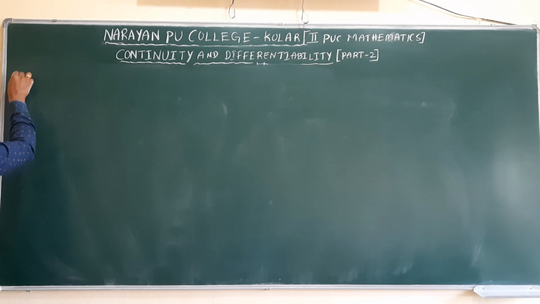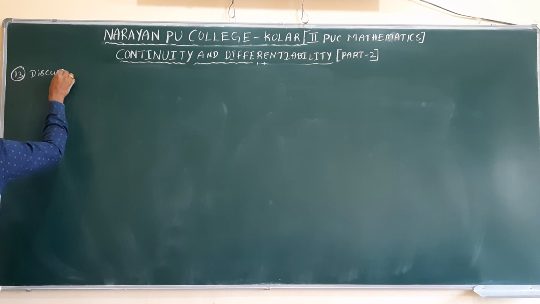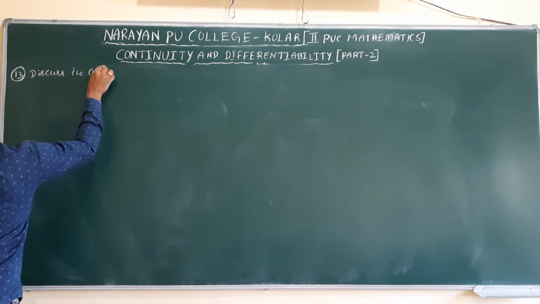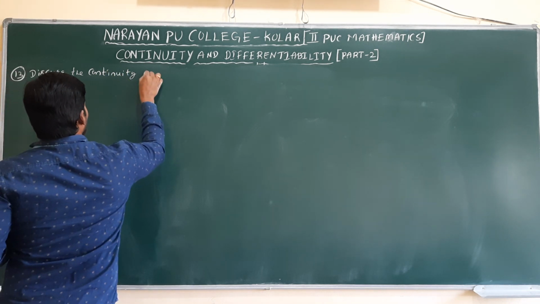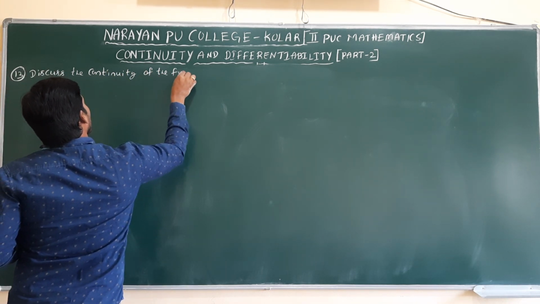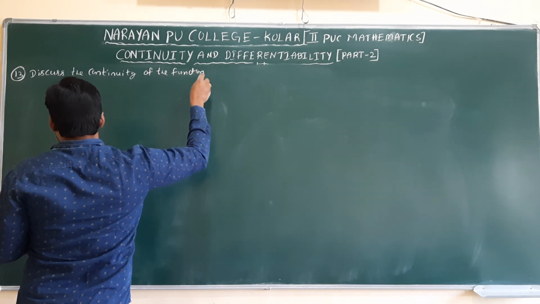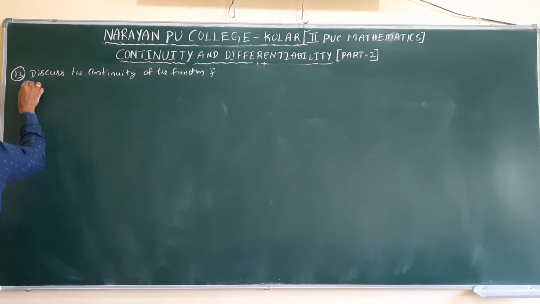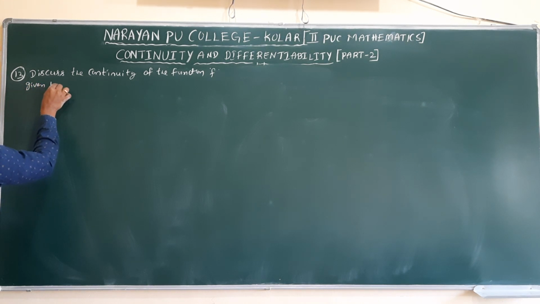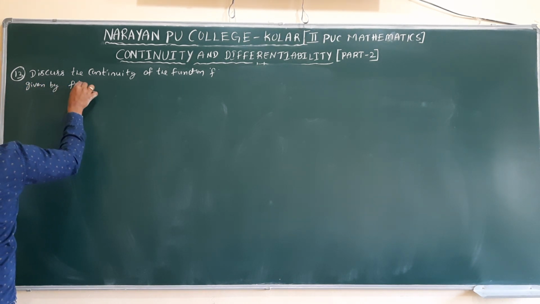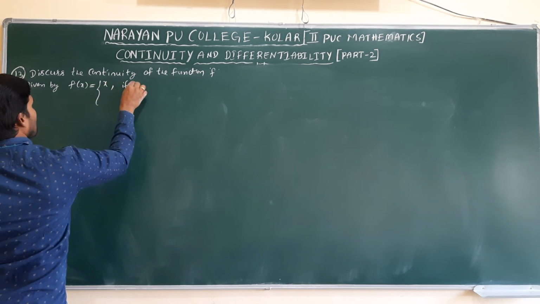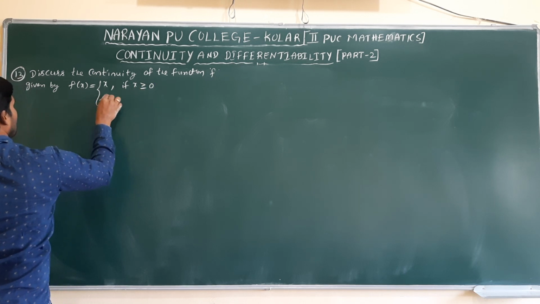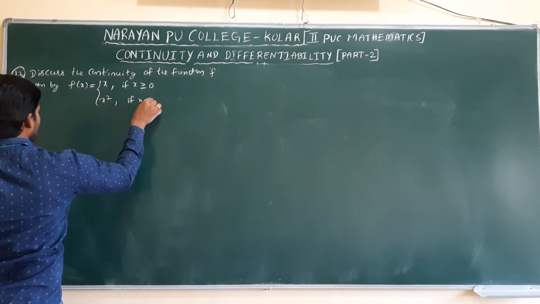Next, the 13th one. Discuss the continuity. All the problems I am doing in the same manner. If you observe correctly, you can understand the continuity of the function. f given by f(x) equals x if x is greater than or equal to 0, and x squared if x is less than 0.